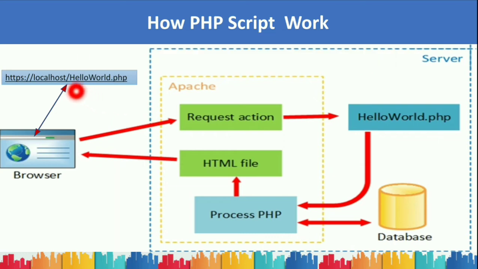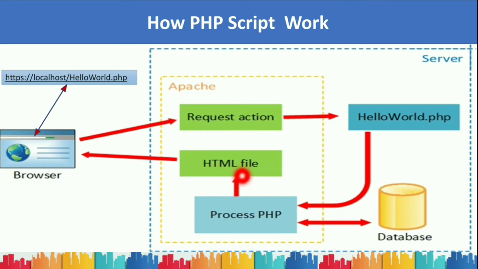Now let's take a program, that is hello world.php. This is the file we have saved in the htdocs folder. Now using this client browser, you have to type this URL and press enter. That is the request we are sending to the server side to execute this PHP program. What happens? The PHP server will process that program and generate an HTML file.